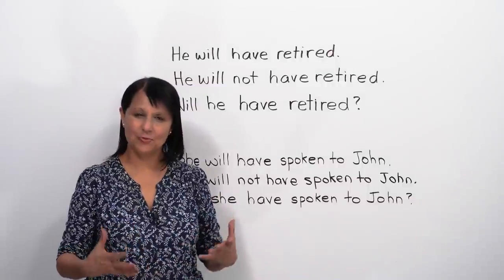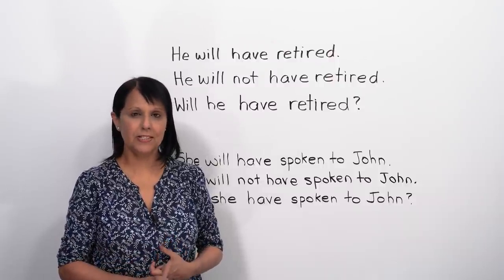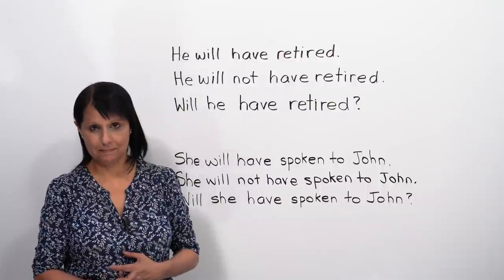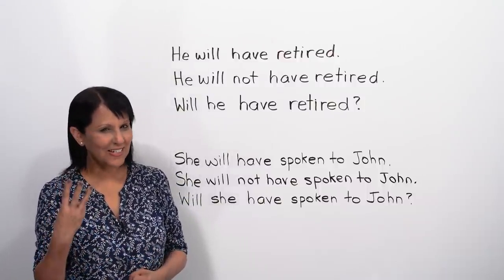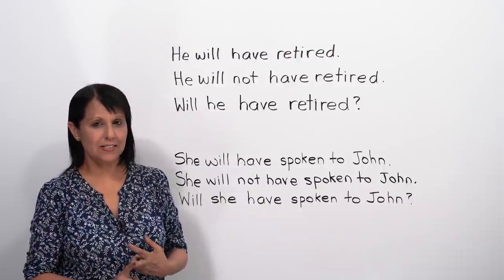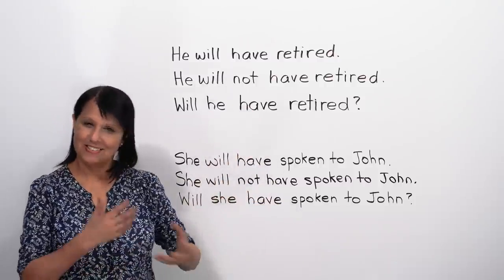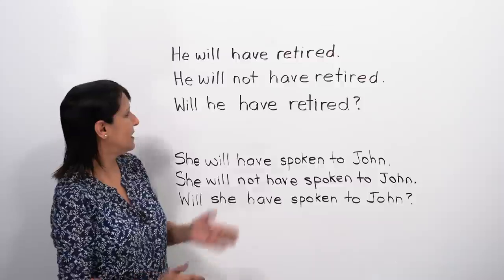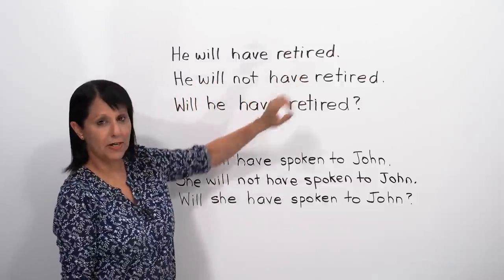So now let's review. We have learned how to use the future perfect tense and when to use it. And you know how to use it when you can do 3 things: make a positive sentence, a negative sentence, and a question, such as we have on the board. So let's have a look at them. He will have retired. Here we have a regular verb.